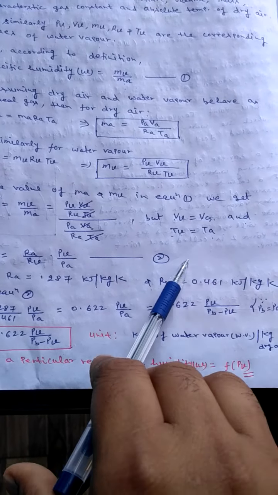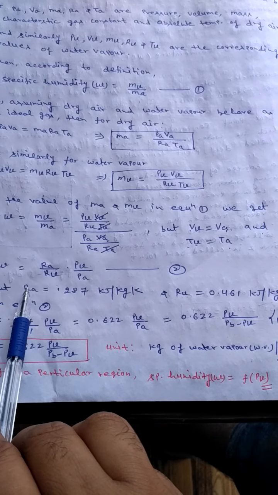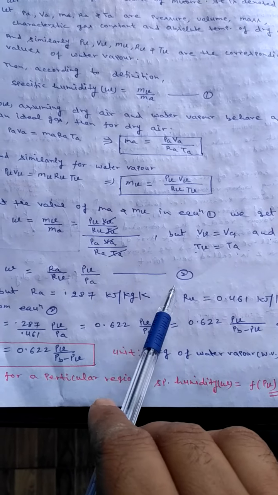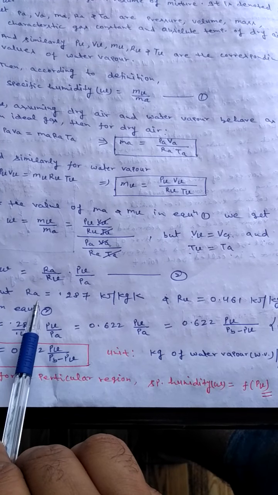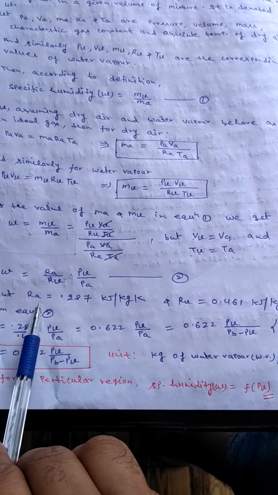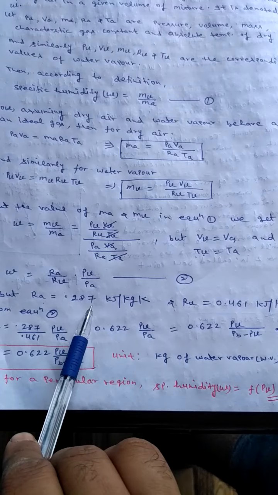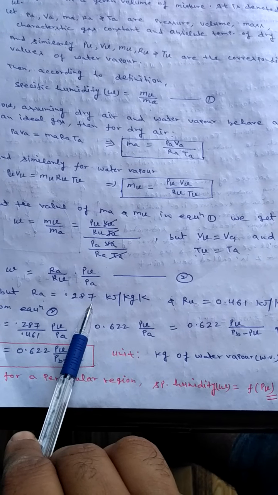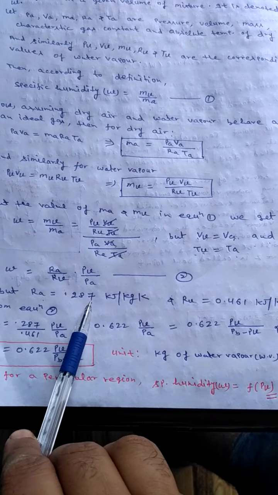We can remember these values, but we can also find these values with the help of the fact that the characteristic gas constant R equals the universal gas constant upon the molecular mass. If we're talking about the molecular mass of dry air, that is 28.97, and the value of the universal gas constant is 8.314 kilojoule per kilomole Kelvin.